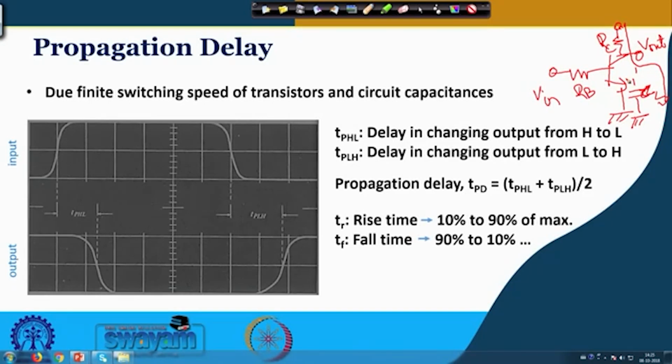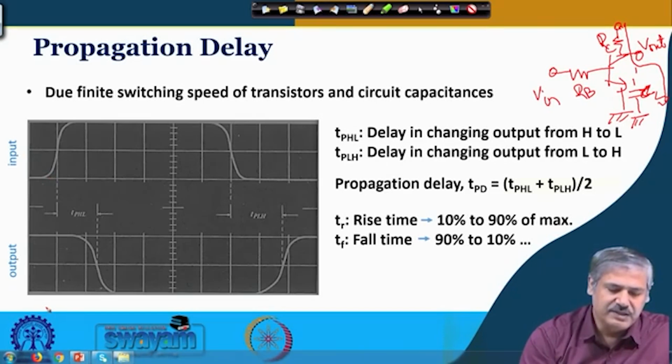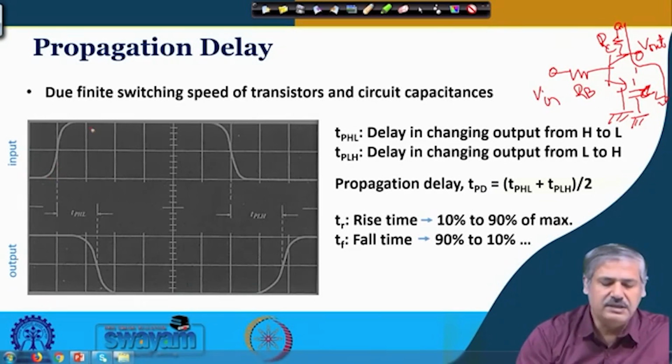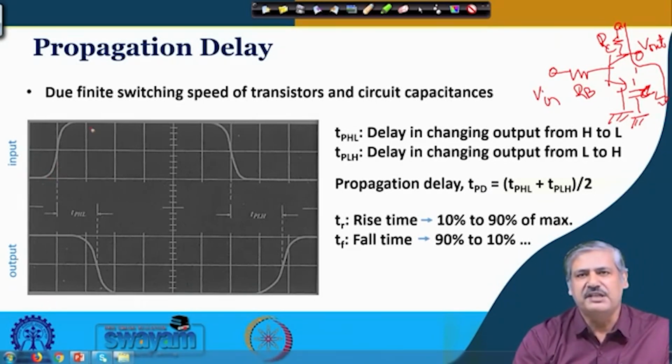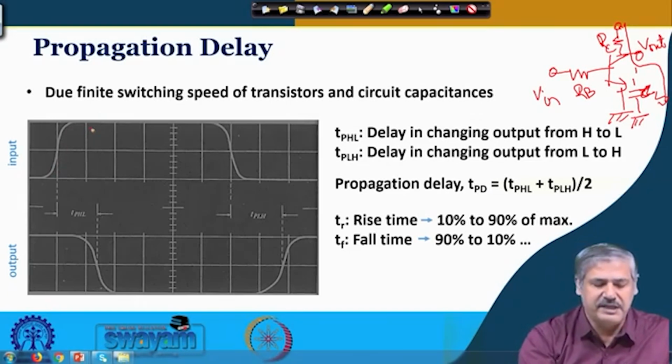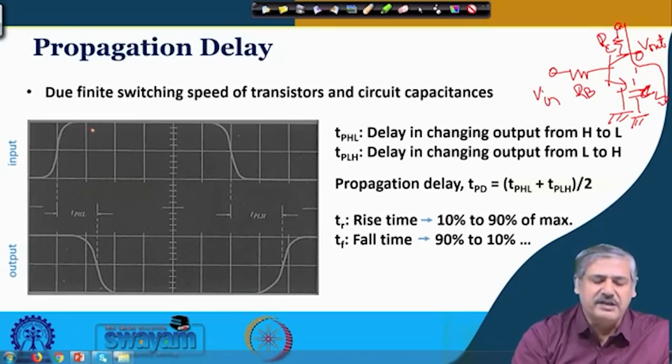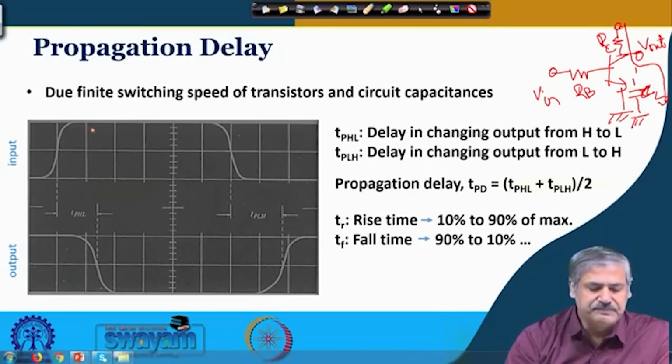So, this is your input, and on the input side you can see that the input is not possible to change instantaneously. Though you are saying from low to high, there is a finite time, again because of the electrical circuit parameters that are associated with the input side of the circuit.